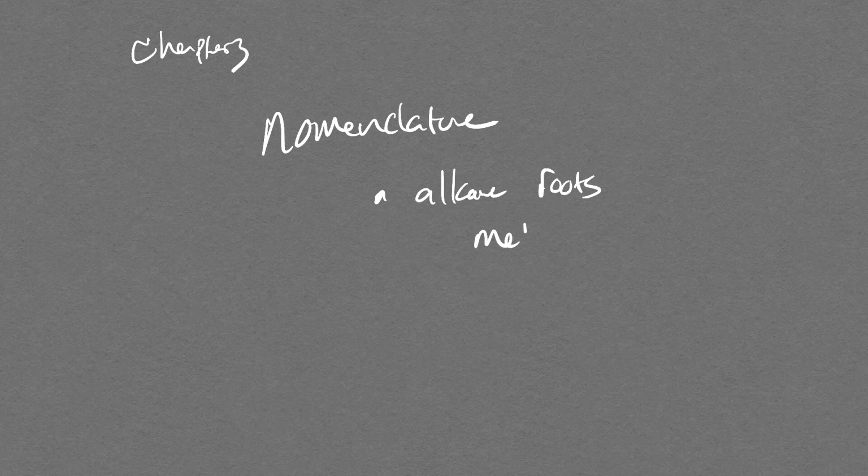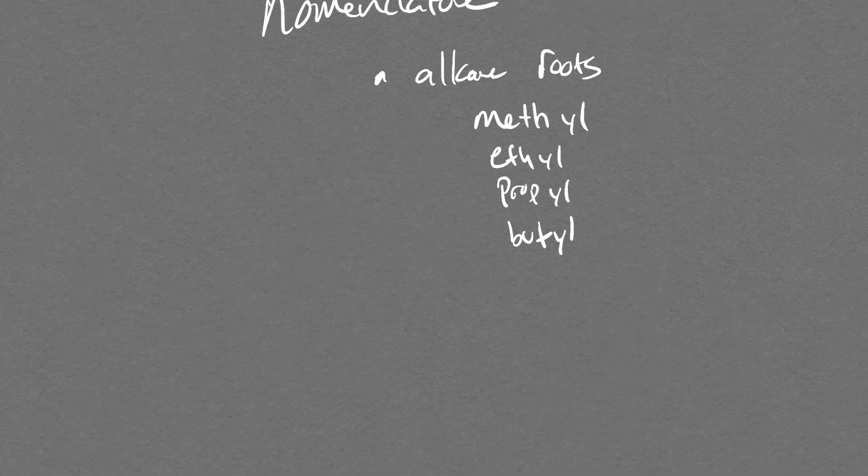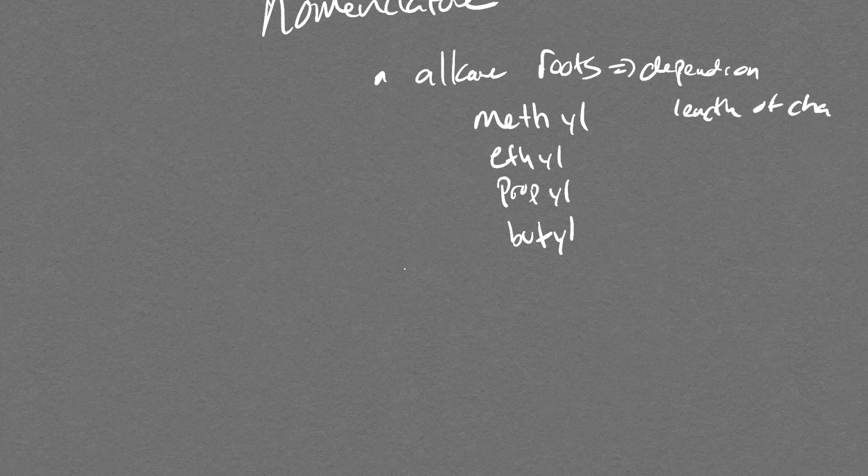And so you now know about the meth, the eth, the prop, and the but, right? And they become adjectives in a way when you stick them onto the roots. The root of these words depends on the length of the chain. So your nomenclature from your alkane roots, of course, depends on the length of the chain.